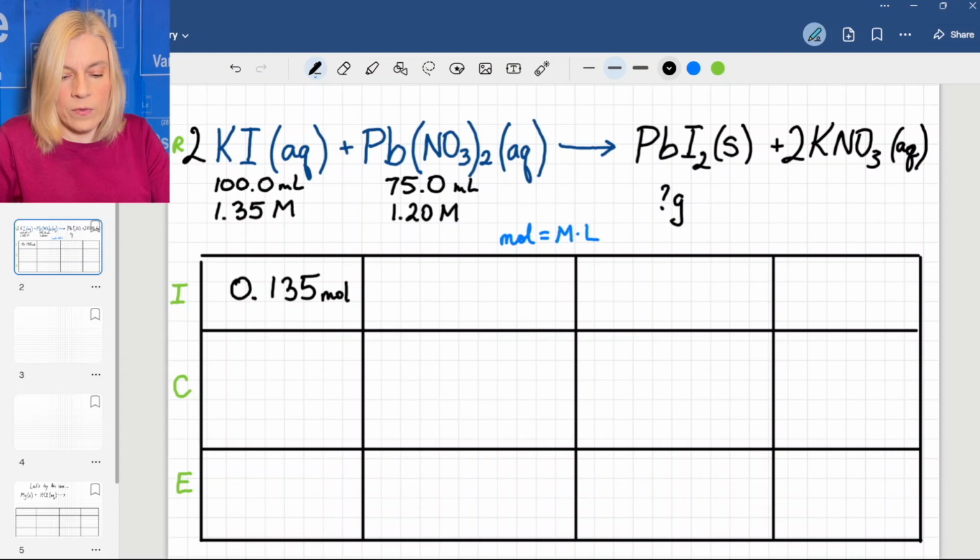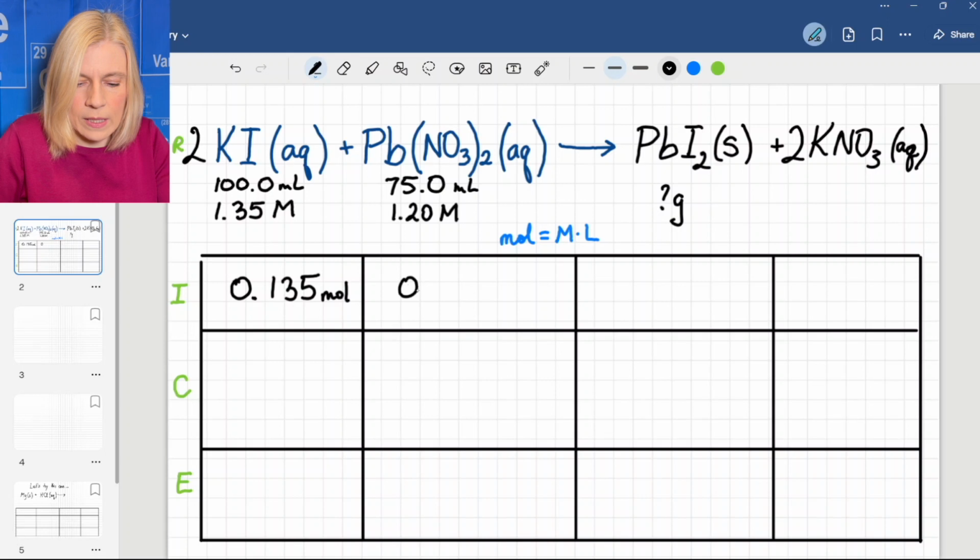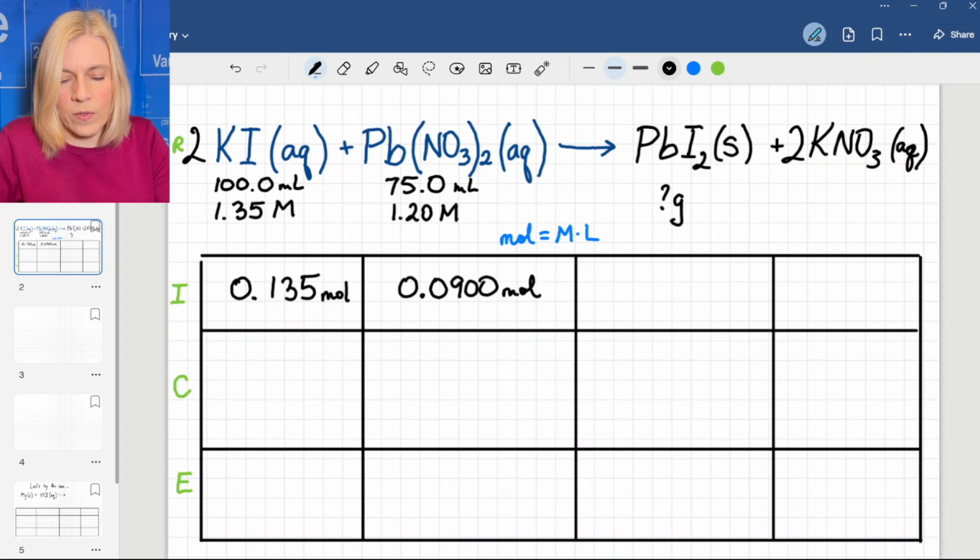And if we do 1.20 molar times 0.075 liters, we are going to have 0.0900 moles of lead 2 nitrate.